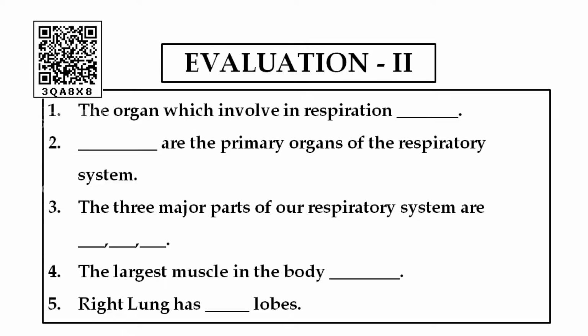Okay. Third one, the 3 major parts of our respiratory system are dash, dash, dash. And the last one, the largest muscle in the body. The right lung has dash lobes.